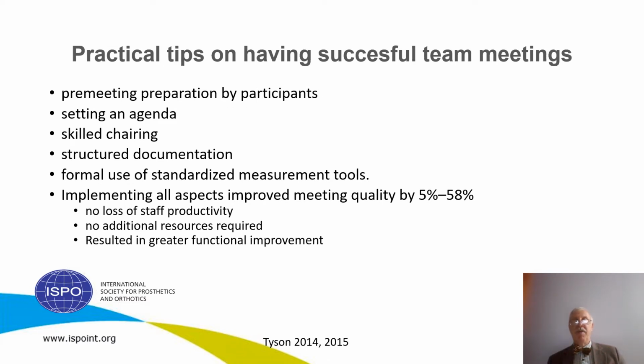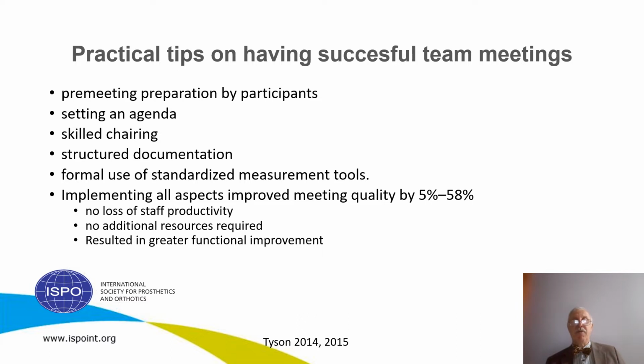A paper by Tyson has suggested some practical tips on having successful team meetings, which include preparation by all participants in the lead up to the meeting, having a set agenda, having a skilled chairperson, using structured documentation, and using standardized formal measurement tools.